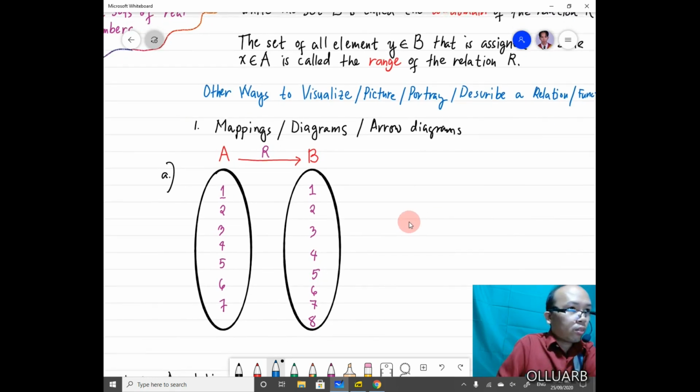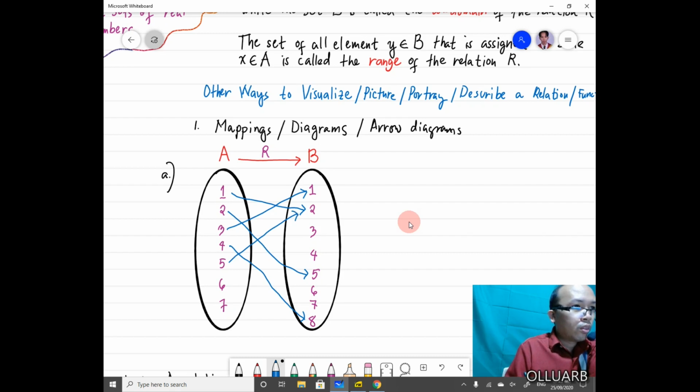For example, judge number 1 chooses contestant number 2. Judge number 2 chooses number 5. Judge number 3 chooses number 1. Judge number 4 chooses number 8. Judge number 5 chooses number 2.